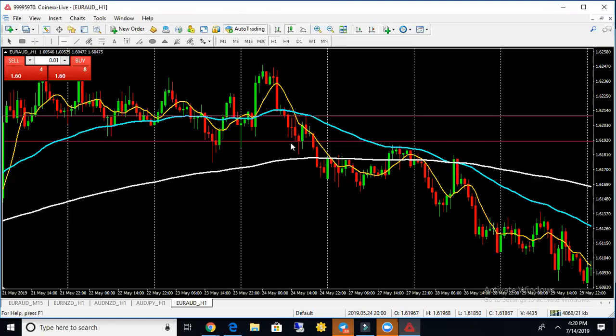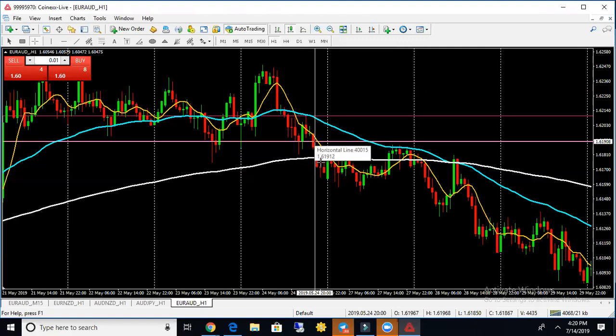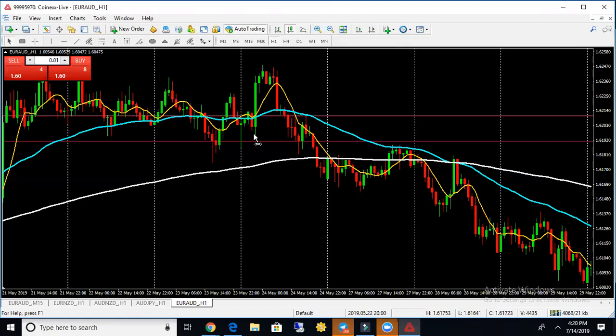That's usually the best bet. And see, when it activated, it didn't go back up here and stop you out. So if your pending order would have activated, you would have immediately been in profit. There you go, 20 pips.